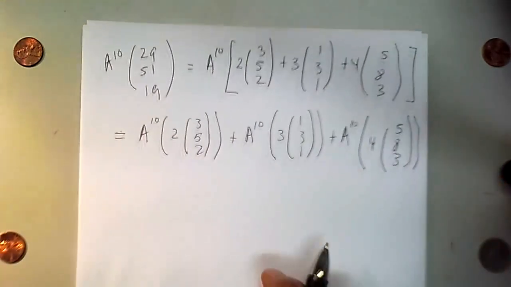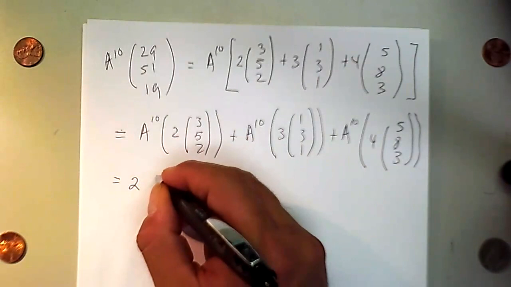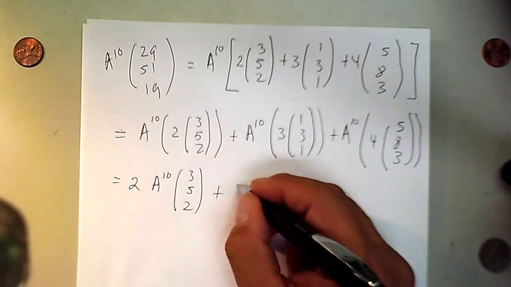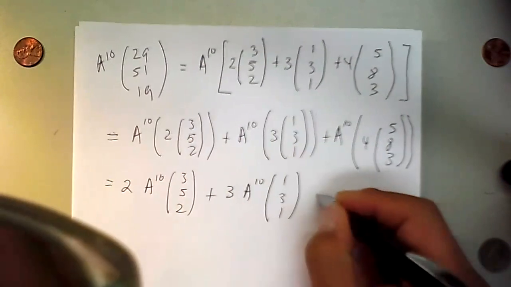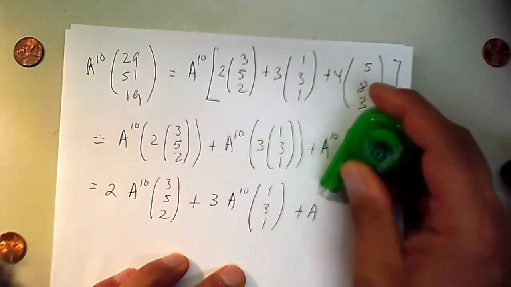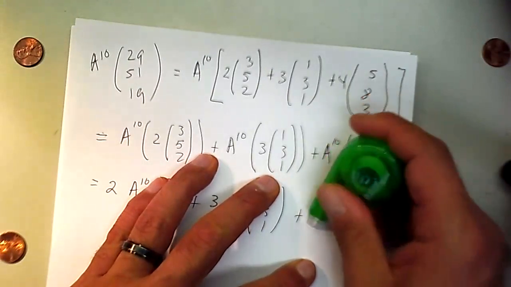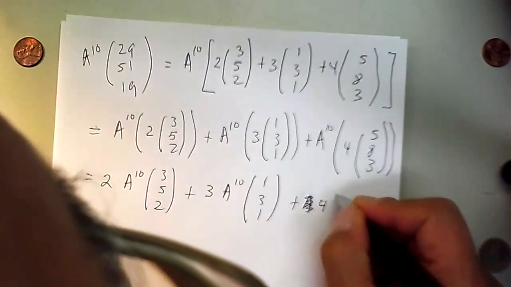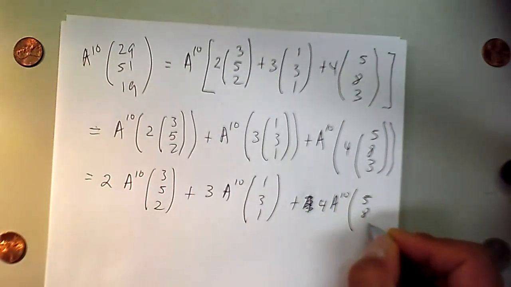Scalars may factor out of a long multiplication of matrices. So we have 2 times A to the 10 times (3, 5, 2), plus 3 times A to the 10 times (1, 3, 1), plus 4 times A to the 10 times (5, 8, 3).